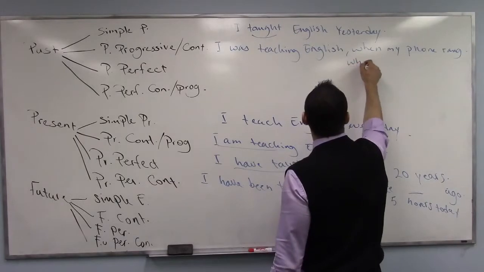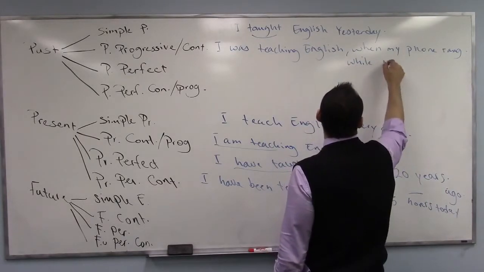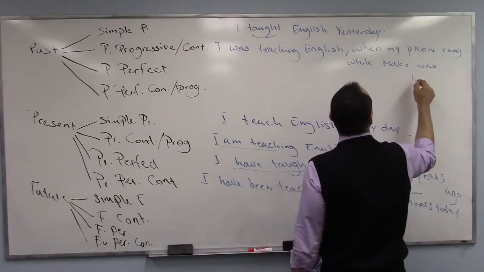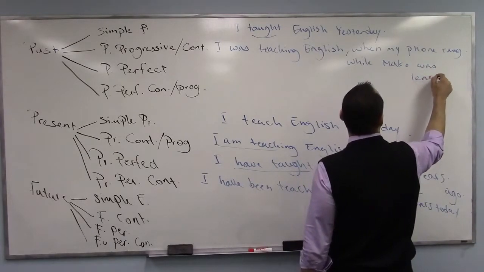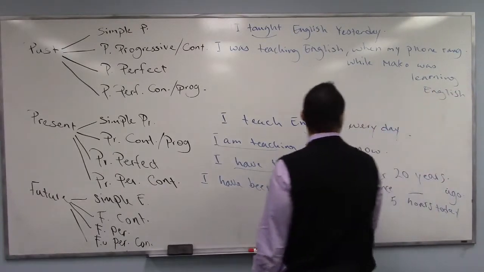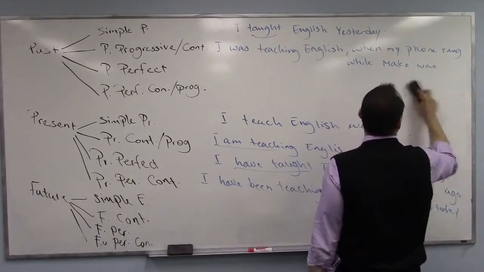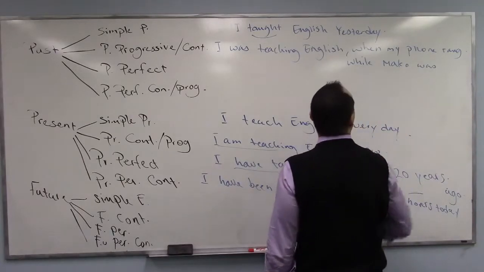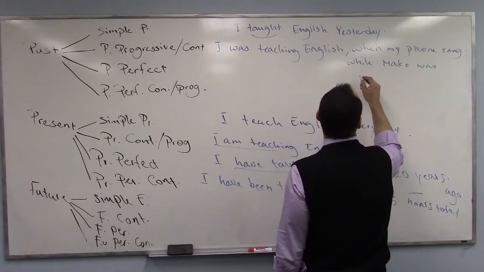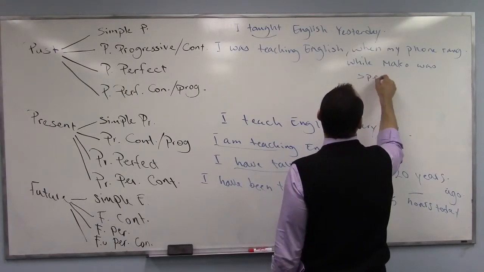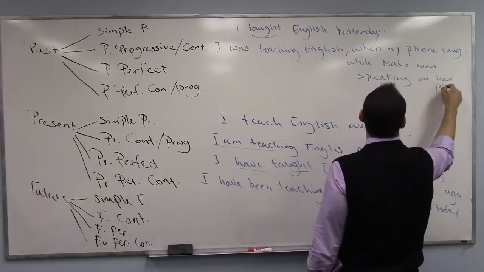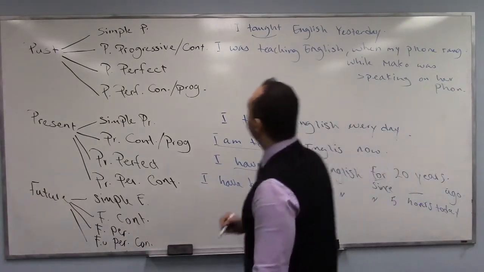Or while Mako was learning English. Or while Mako was speaking on her phone. Mako was writing something in Japanese for Asako while she was speaking on her phone. Yeah?